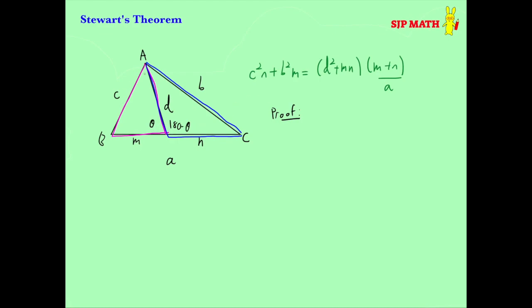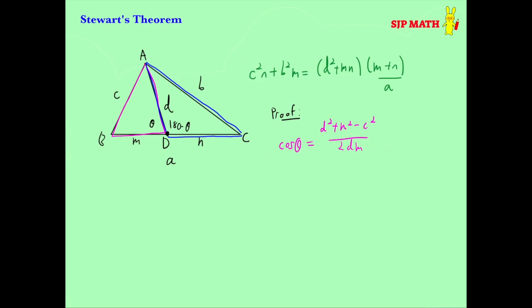By the cosine rule, let's call this point D. For the cosine rule in triangle ABD, cosine theta is equal to d squared plus m squared minus c squared, divided by 2dm. You know the cosine formula, I assume.